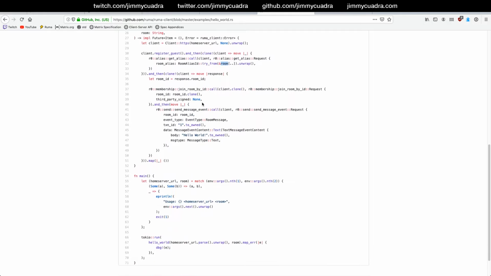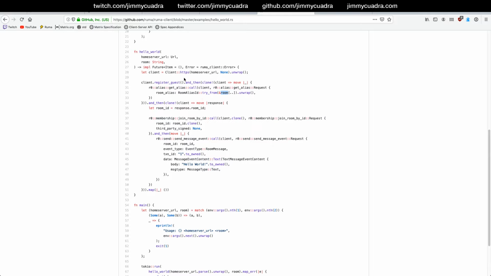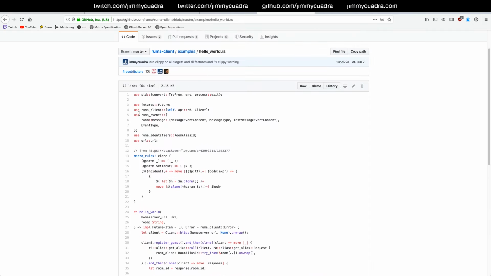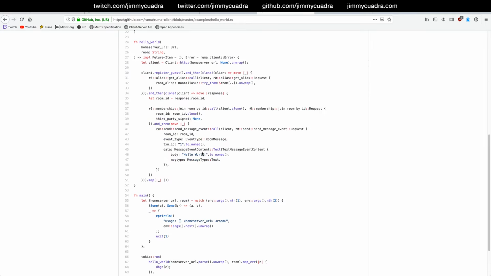So this is just an example of how to use Ruma client to build software that interacts with the Matrix protocol. So you could use this for building a chat bot or an integration with another chat service or really anything you can imagine. Eventually, Ruma client will probably also be used in the home server for talking to other components.